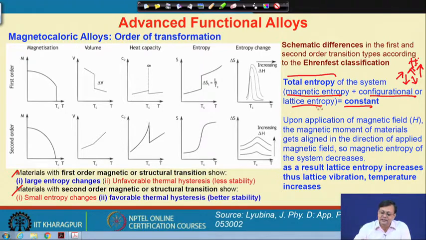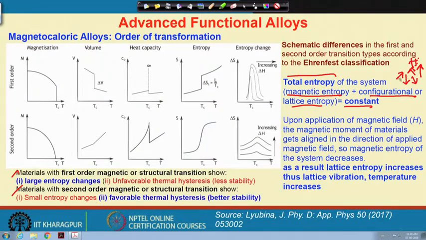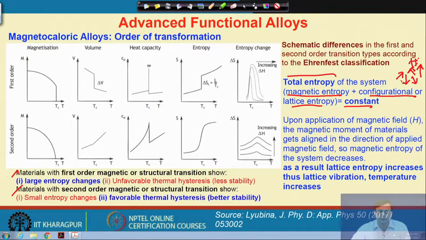If lattice entropy increases, the temperature of the material will increase. We can easily understand that this should be possible in any material, but how much the lattice entropy changes depends on the material, and so we can easily get this magnetocaloric effect.